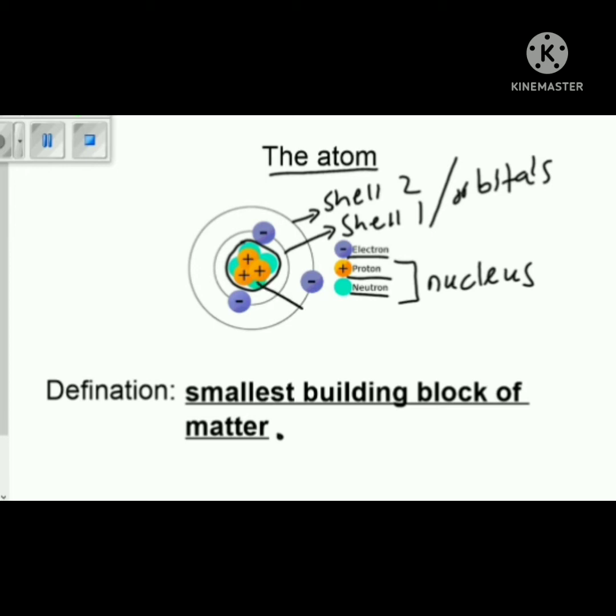So the protons and the neutrons stay within the nucleus, and the orbitals will contain the electrons. Where do the electrons stay? The electrons will be found in the shells surrounding this whole nucleus. Let's look at how we find the number of electrons of a certain element.